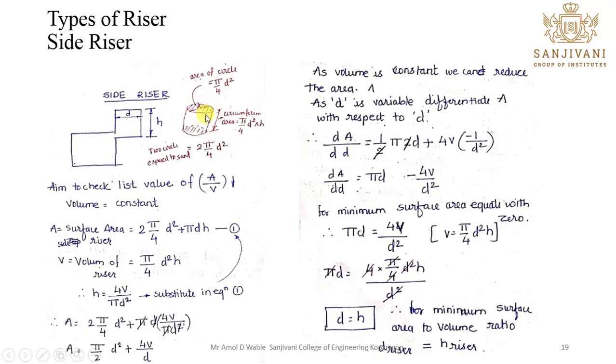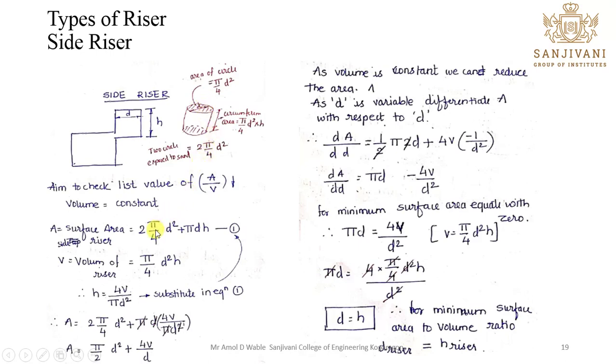If you add all this, you get the surface area of the cylinder. So the surface area is 2 times pi by 4 d square, that is the area of the circle, taken 2 times, one at the top and one at the bottom, plus pi d h. Pi d is the circumference, and if you multiply by h, you get the circumferential area.